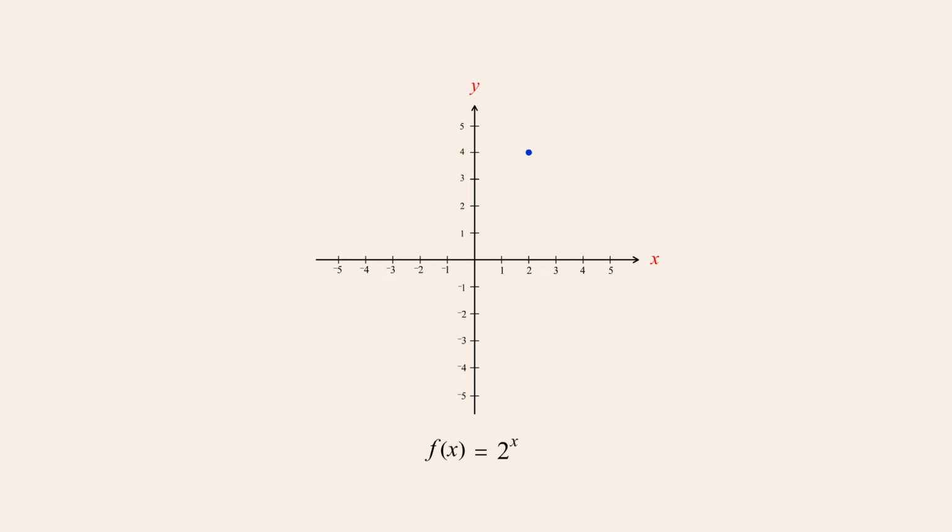And when x is 1, 2 with an exponent of 1 is 2. When x is 0, since any base with an exponent of 0 is 1, 2 to the 0 power is 1.